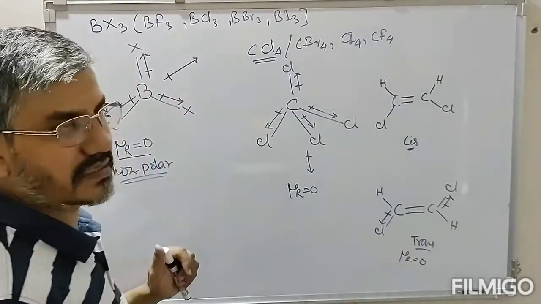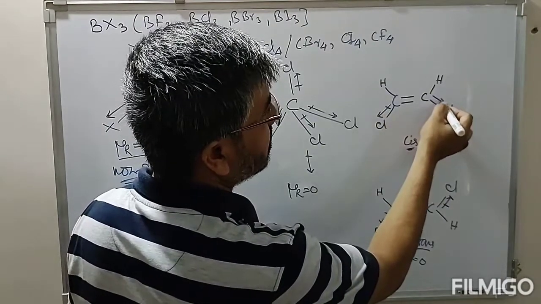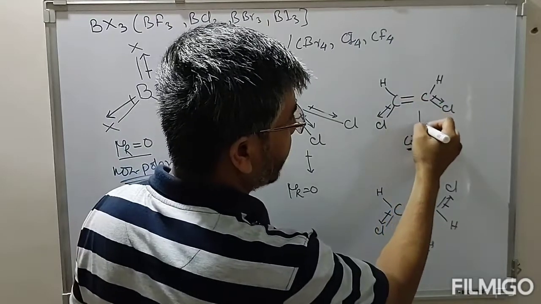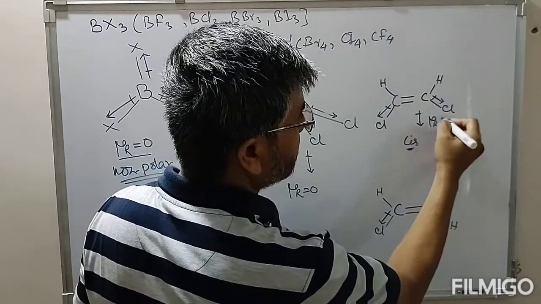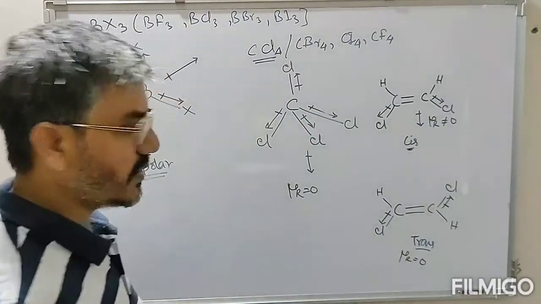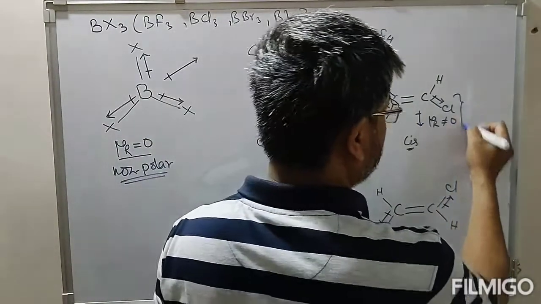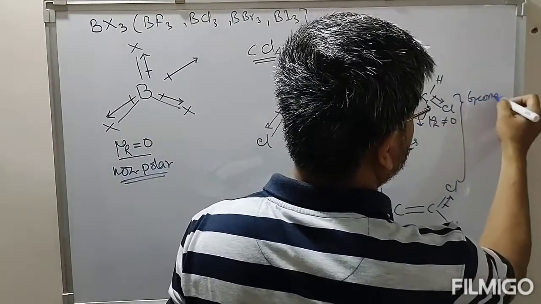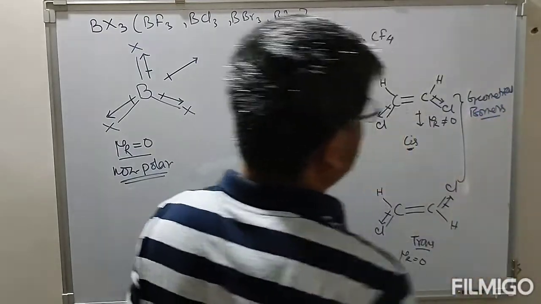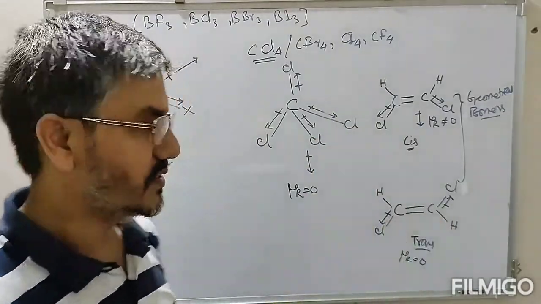Look at this cis. This is the carbon halogen dipole, carbon halogen. Both are in this direction, so this will add up to give you the final resultant. So this resultant cannot be 0. So when we compare the dipole moment of these geometrical isomers, these are known as geometrical isomers, having the same formula but different geometry, same side cis, opposite side trans.